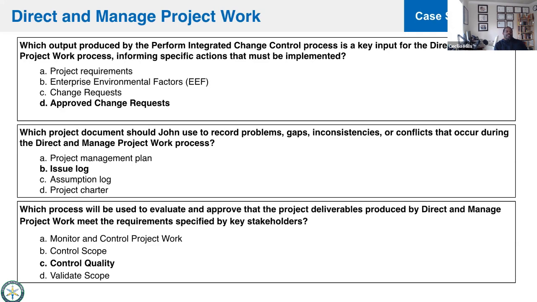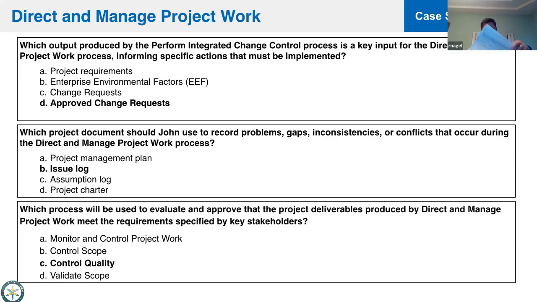This issue log here, there is an issue log and there is a change log for PMI. And I just want you to know that there's sort of a blend of the two. If they describe the fact that there's an issue with one of the project deliverables and it needs to be fixed, and they ask which of the following documents would outline what that problem is, that's going to be the change log.